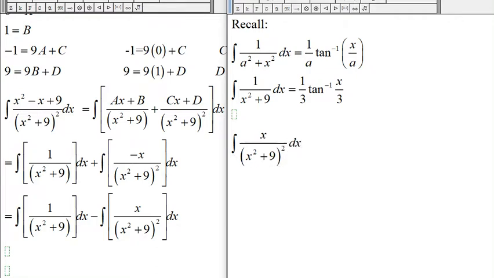And then here we can just do a u substitution. And so du dx is equal to 2x, or du is equal to 2x times dx, and then multiply both sides by 1/2.